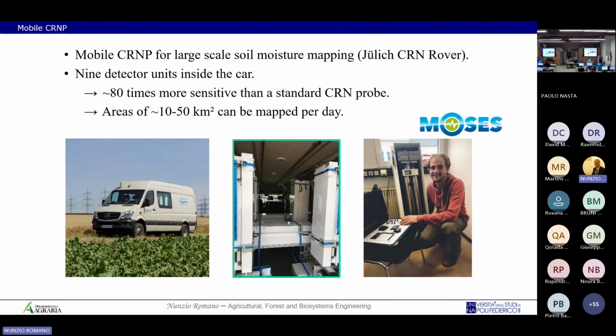There has been some very fast progress with the cosmic ray neutron probe. This was developed at Jülich in Germany.